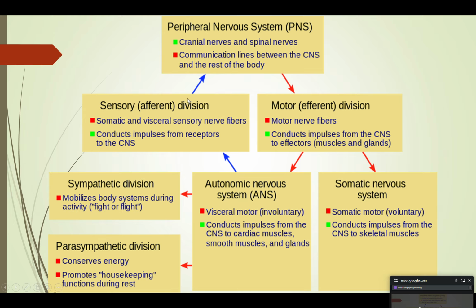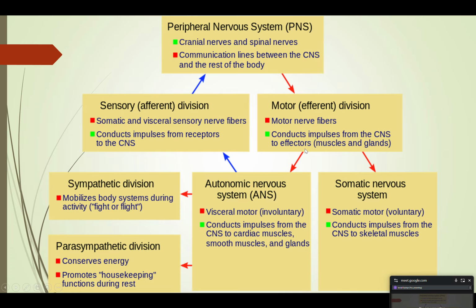The sensory or afferent division of the peripheral system is basically in charge of conduction of impulses from the receptors to the central nervous system, as earlier mentioned using that diagram. And the motor conducts impulses from the central nervous system to the effectors, which are the muscles and glands.